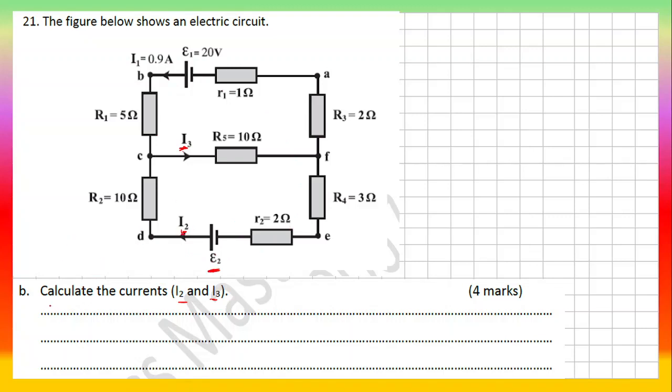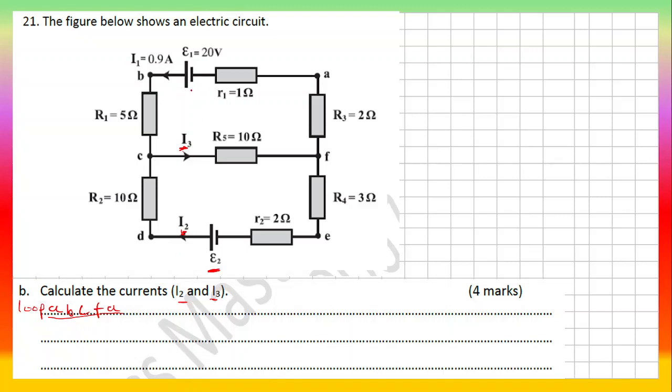So we'll use the loop A, B, C, F, then back to A. This is what we'll use. Of course, we're using this with Kirchhoff's second law.